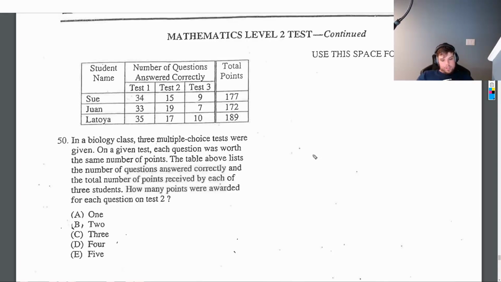What if it was 1, 2, and then like 10? Oh, that doesn't do it. Oh, wait. It might. Just messing around on the calculator a little bit. Yeah, that doesn't do it.